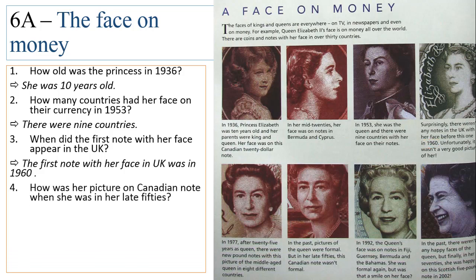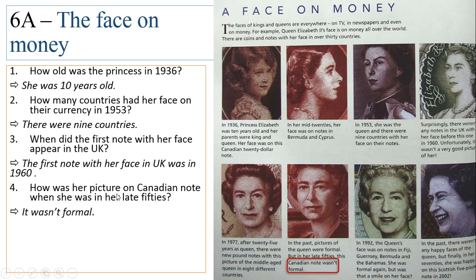Number 4. How was her picture on the Canadian note when she was in her late 50s? Now again, tell me where the keywords are. Yes, that's right, Canadian note. Okay, and we can see it's right here. So the answer is right here.